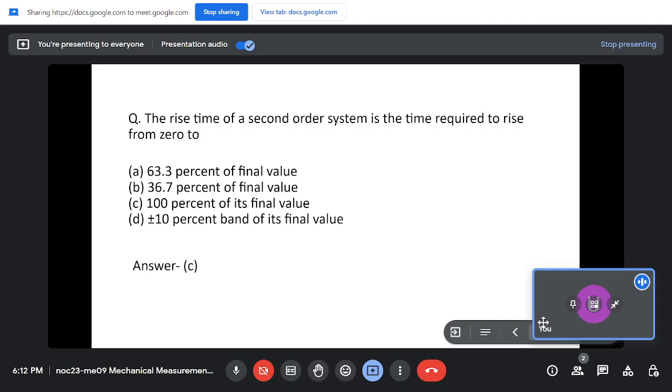The answer is option C, 100% of its final value. That is called the rise time of a second order system.